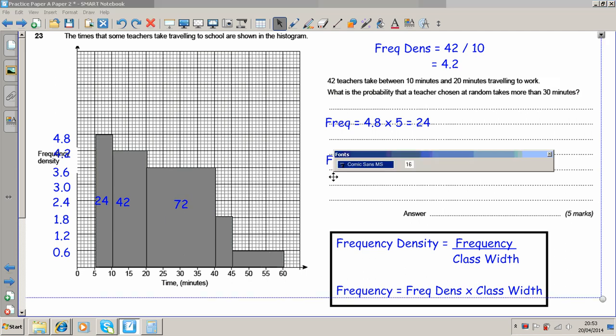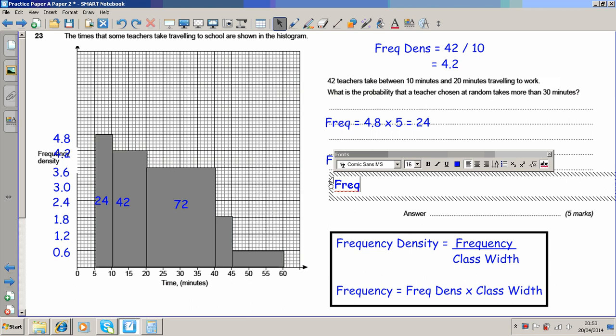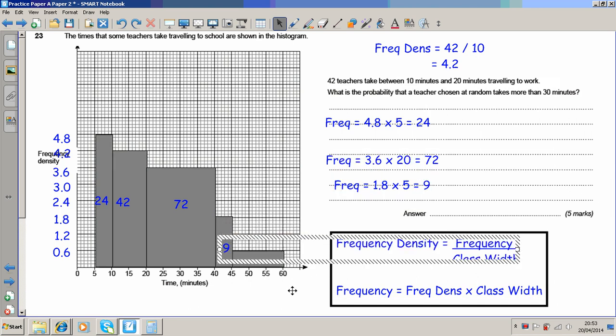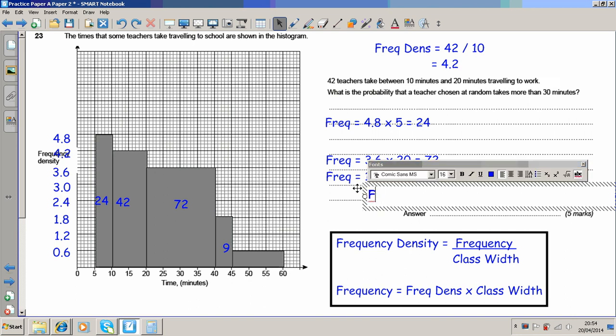The next little bit is the frequency density 1.8 times the width, which is 5. 1.8 times 5 is 9. So that bar is worth 9. And then finally, the frequency is 0.6 times 15, which is 9 as well.